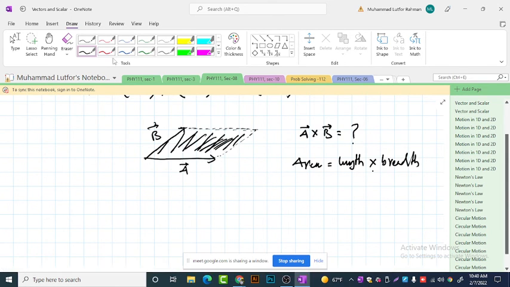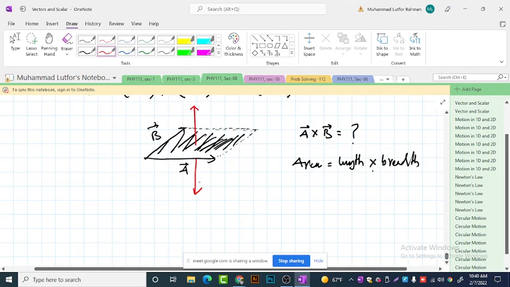And if you ask me the direction of that vector, it would be perpendicular upwards to that surface if I write A cross B. But if I take B cross A, that would be in the downward direction. So this is the physical significance of the cross product. A cross B will give you the area of that region, and the direction of the area will always be perpendicular to that surface, either upward or downward.